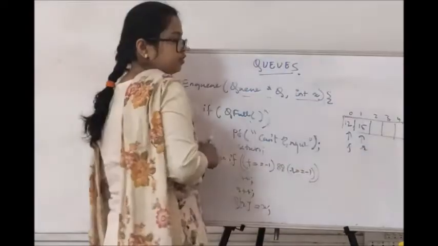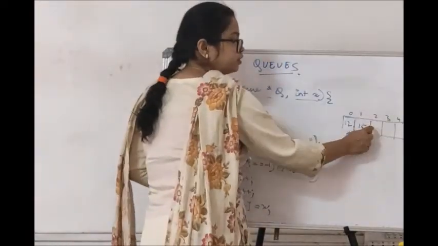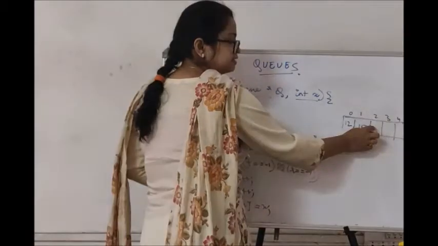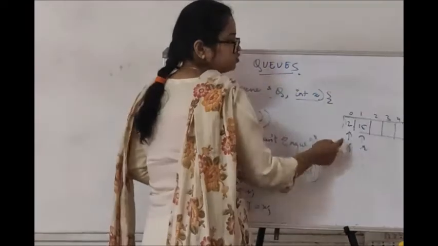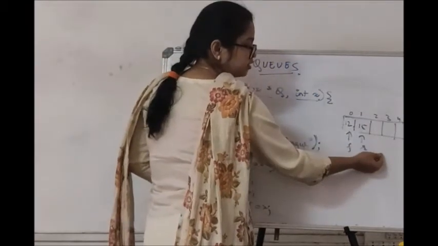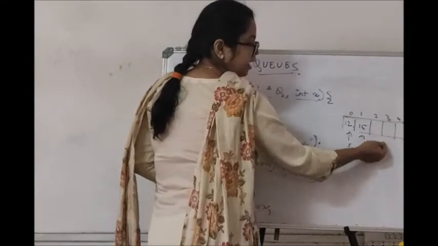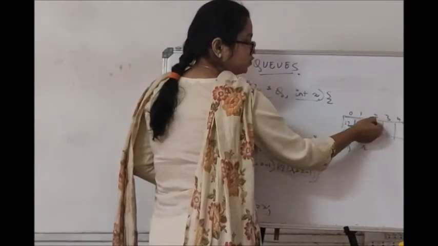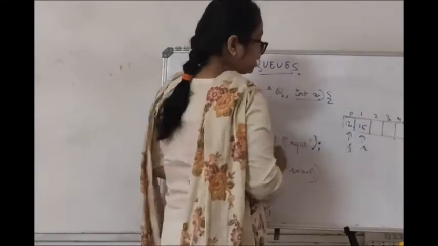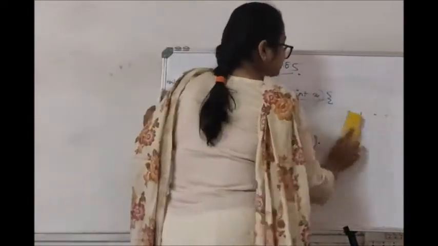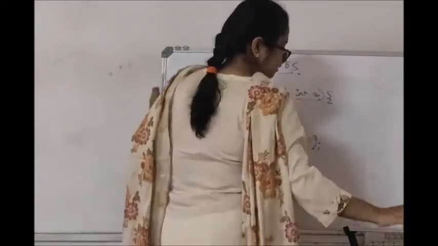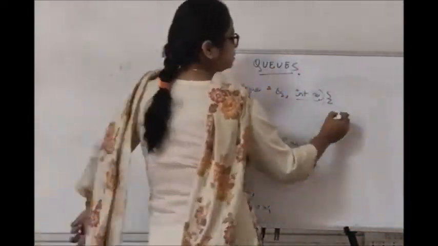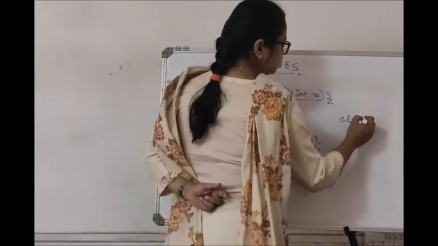If this is the scenario, we will simply put the x element here, isn't it? So we will increment rear and we will put the value x in Q rear. Okay? So this is what we will do. That is the third possibility. That is else condition. Else, this is the last one.